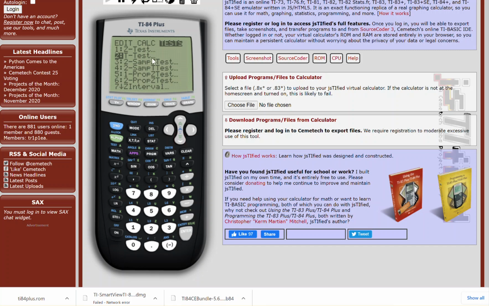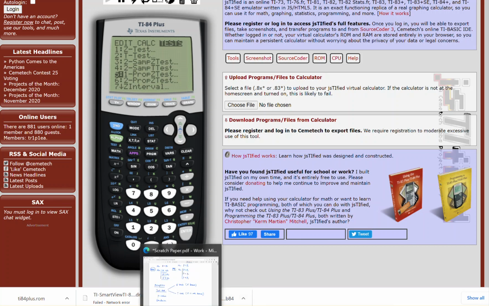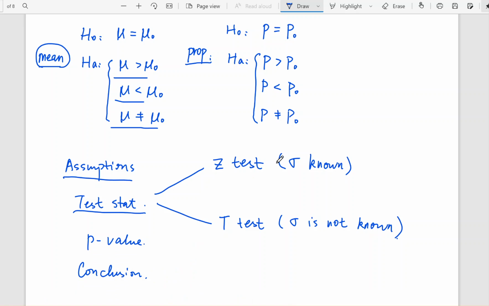That means you need to use the t-test instead of the z-test. And then the other two, the 2-sample z-test and 2-sample t-test, you will learn these two tests next week, which is about two-sample testing. Next, if you are testing about a proportion, you will have the 1-proportion z-test.